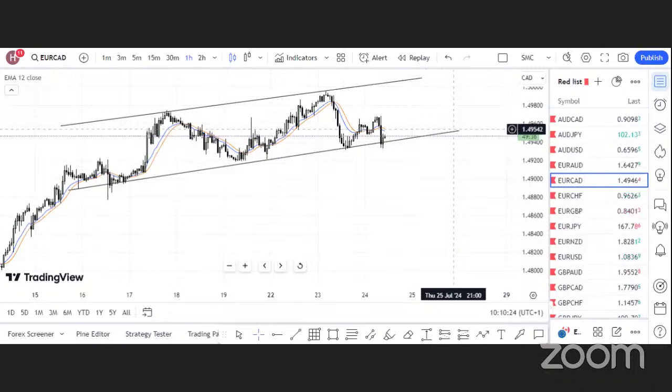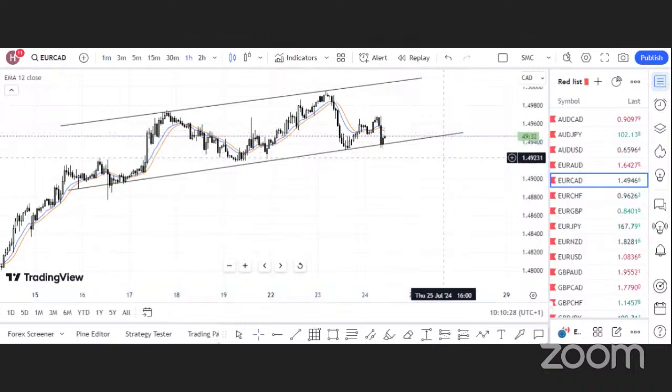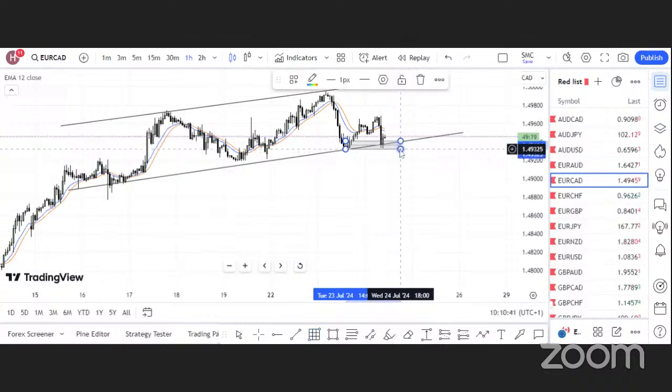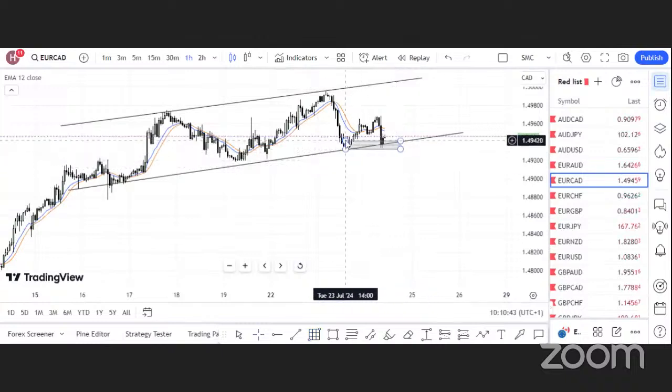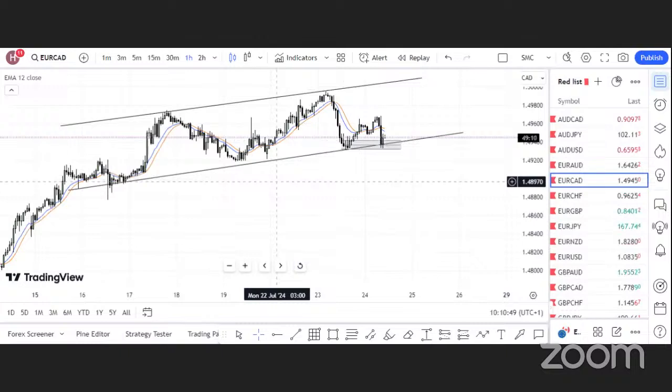It seems the market is moving in the bullish direction. The market is bullish. We have a bullish trade here.